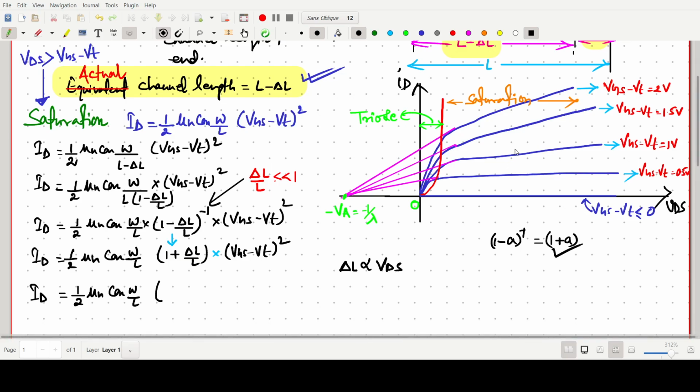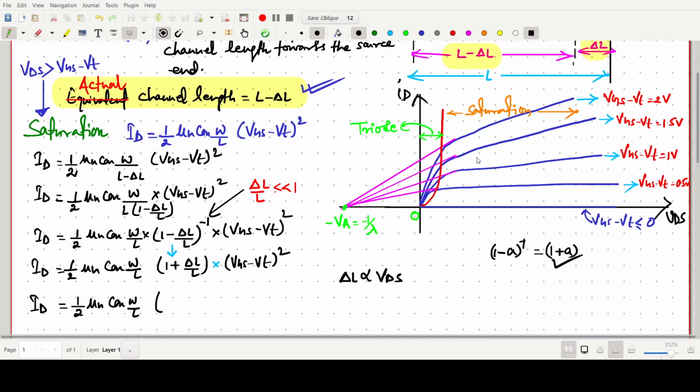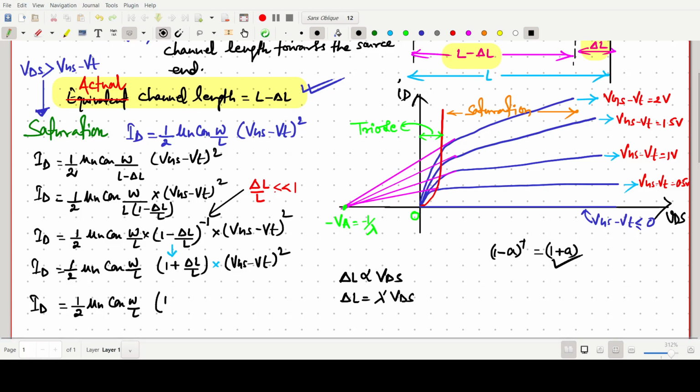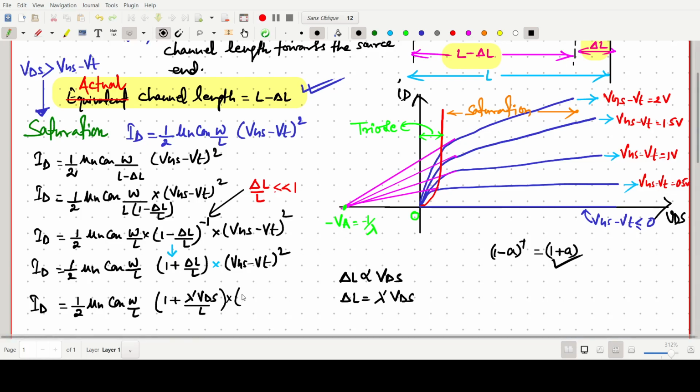This delta L will be somehow dependent on the VDS. So this delta L, if we put some proportionality constant, say lambda dash, so delta L equals lambda dash VDS. So one can write this as 1 plus lambda dash VDS by L into (Vgs minus Vt) whole square.